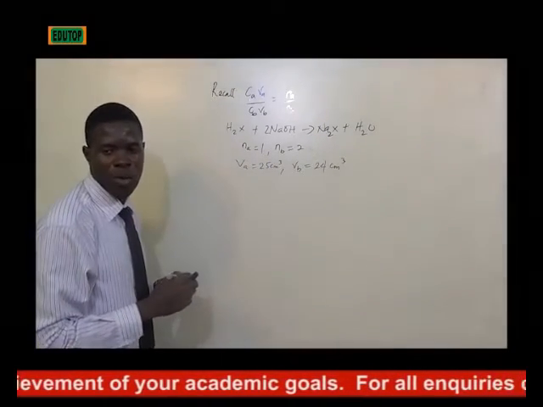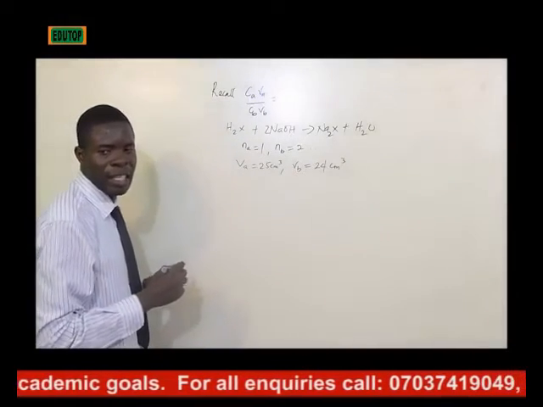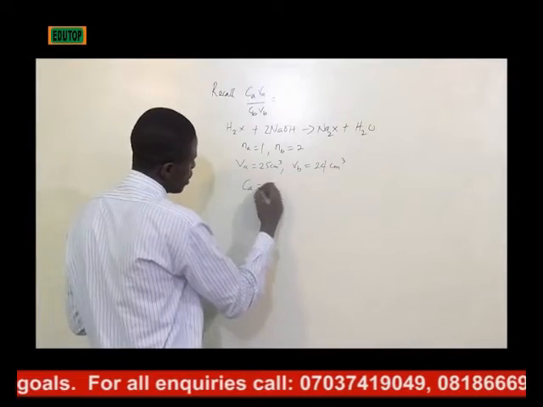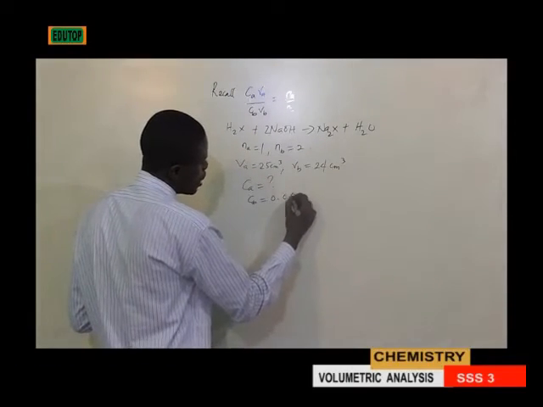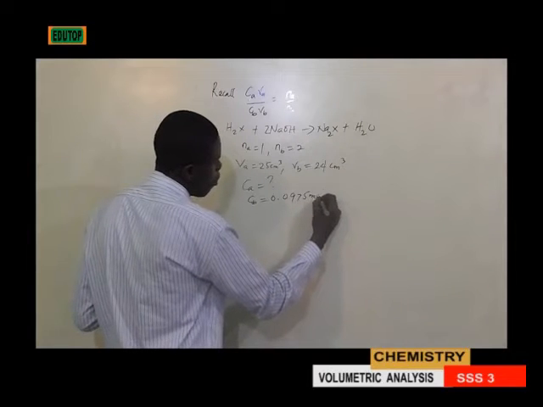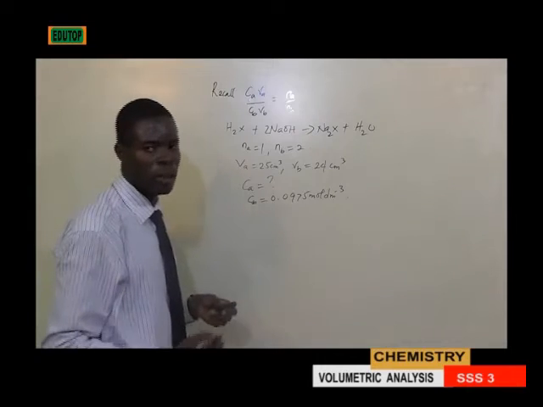Our interest is to look for the concentration of A, which is the acid, in mole per dm cube. Ca is our interest. And we have calculated our Cb to be 0.0975 mole per dm cube in the first question.